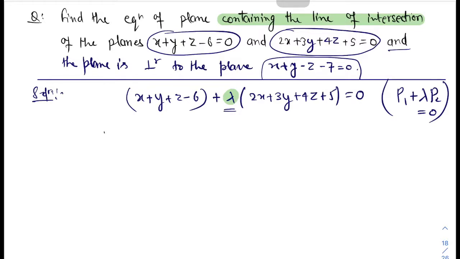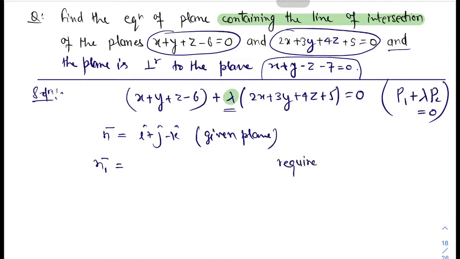The normal vector of the given plane is i cap plus j cap minus k cap. And the normal vector of the required plane, let me say it as n1, will be in terms of lambda.